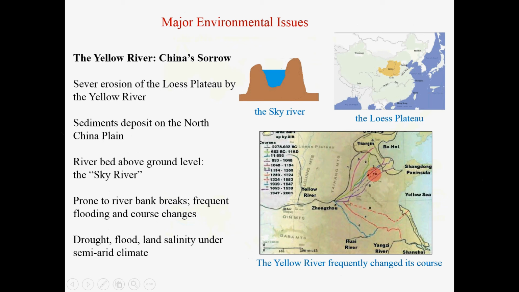This area, as we mentioned before, is a semi-arid region of China. So during the springtime, when farmers put the seeds in the land, they're waiting for the monsoon rain to come. But if the monsoon rain comes late, when you have a drought, all the crops will die, causing big losses. But eventually, when the monsoon rain comes, it comes very quickly, and it comes down very intensely and heavily, and causes flooding problems.